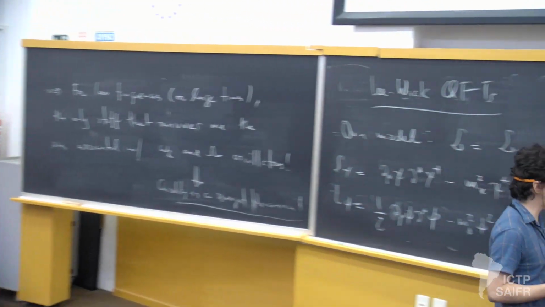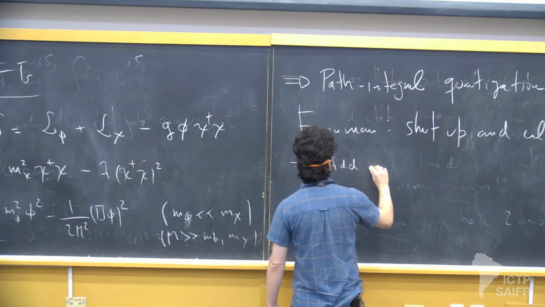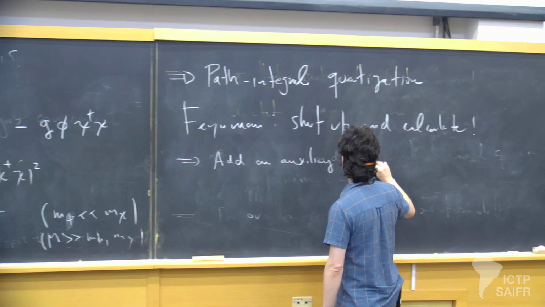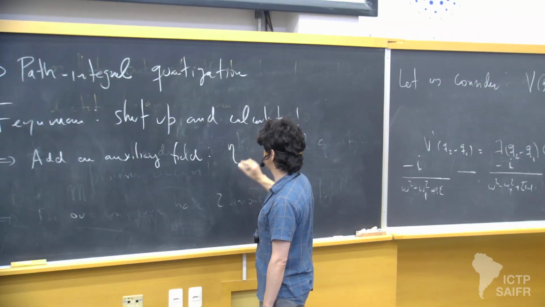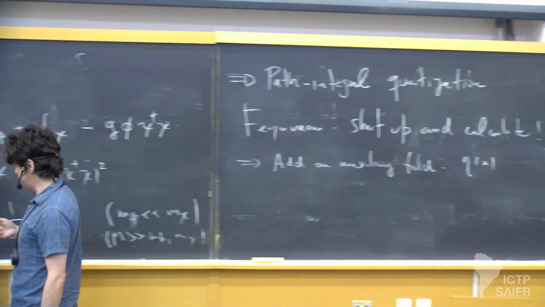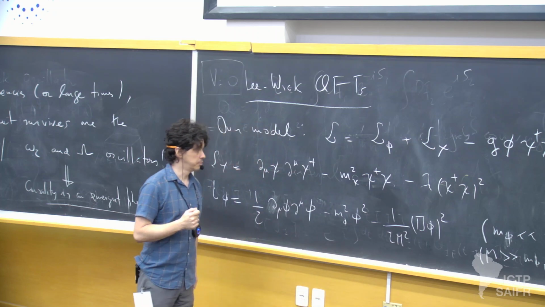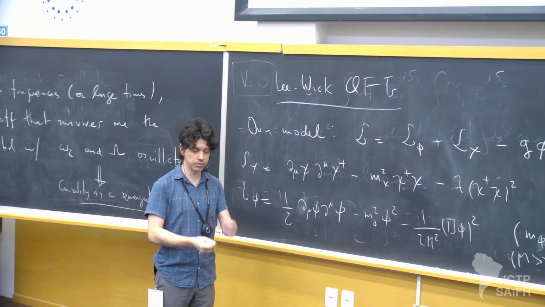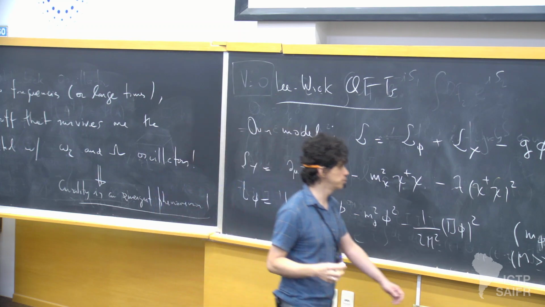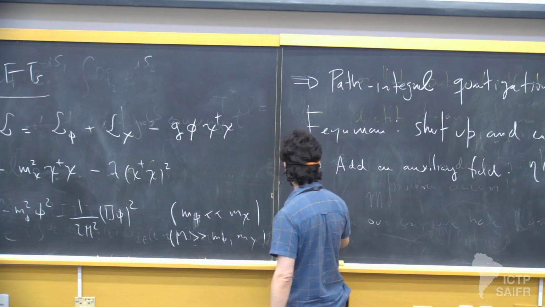The basic ingredient is to add an auxiliary field, which I'm going to call eta. You add this field so that you can get rid of this term here, but in such a way that if you integrate it out, you return to the usual Lagrangian. So this Lagrangian won't change. I'm just going to consider this term here for now.